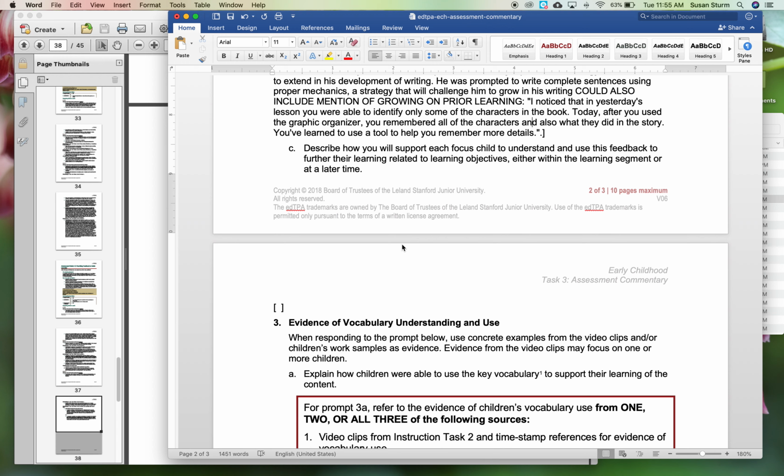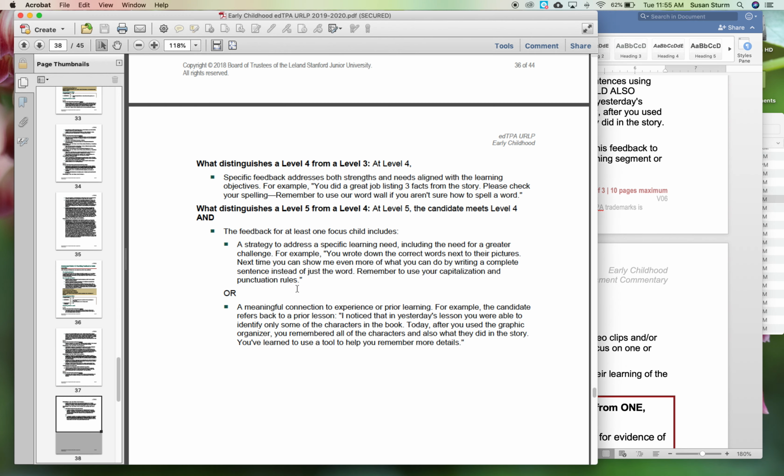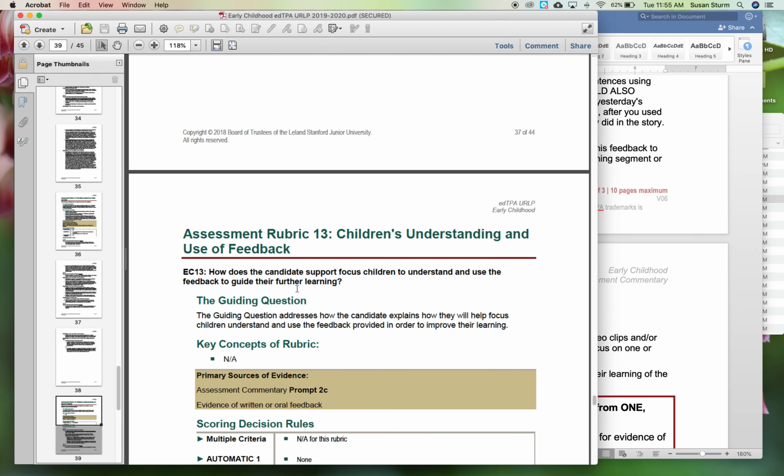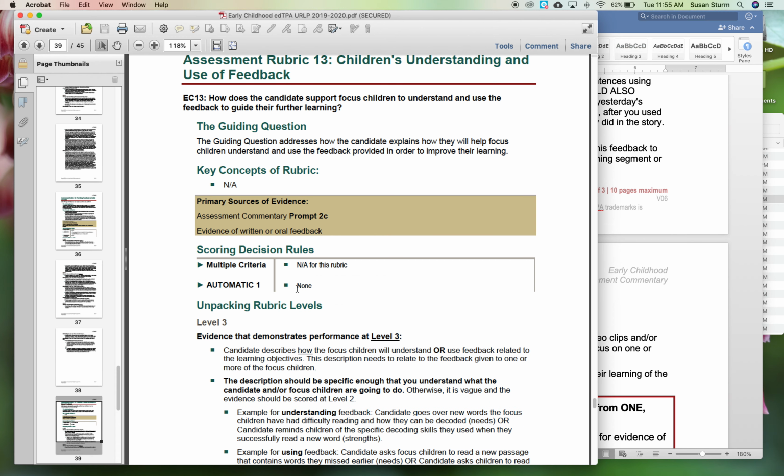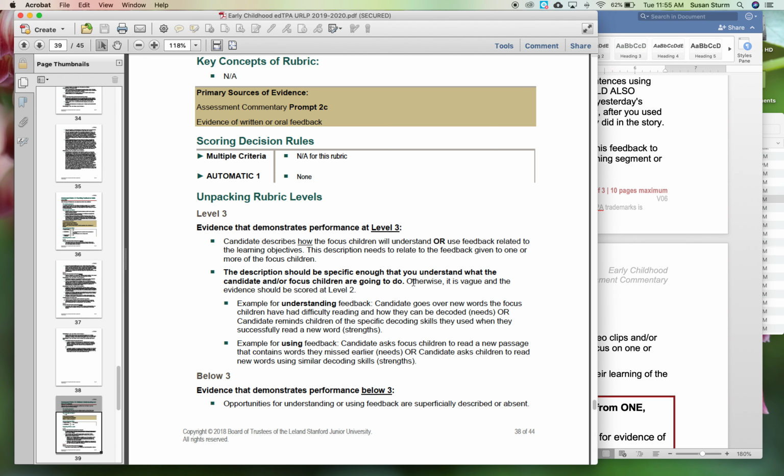Okay, so part C, describe how you will support each focus student to understand and use this feedback to further their learning related to the objectives, either within the learning segment or at a later time. So this is very specific, and this is another one that has its own rubric. There's no auto 1, which is nice.